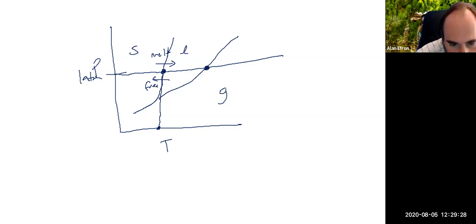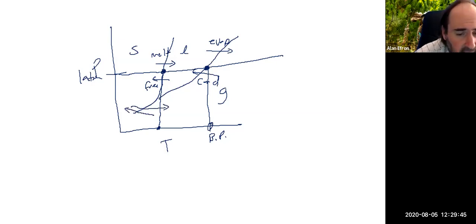Wherever it crossed here and you went down would be your normal boiling point temperature. And again, same idea: as we go this way, that is evaporation. As we head back this way, that is condensation. And coming through here, we go solid directly to gas without hitting the liquid part. That is your sublimation, and your deposition going the other way.